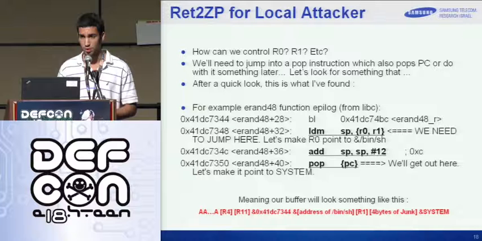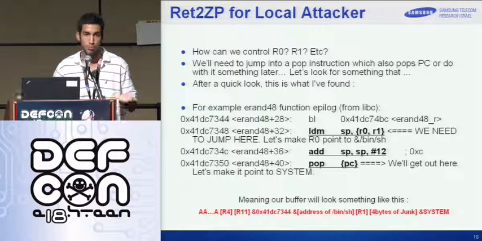Very interesting. You can combine that with this attack and do some more complex attacks. You can do actually whatever you want with that. So we'll need to jump into a pop instruction which also pops the PC, so we can control it later. And we can control R0 or maybe more, all right?